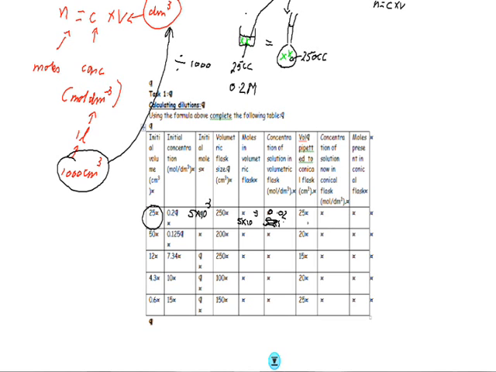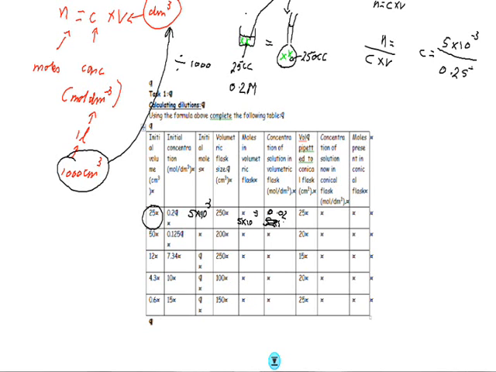and we can calculate that out if we want to by using this equation here, where n equals C times V. So therefore C, our concentration, is going to be number of moles, which we've just established as 5 times 10 to the minus 3, divided by our new volume, which is now 250 cubic centimeters, or in other words 250 divided by 1000, which is 0.25.